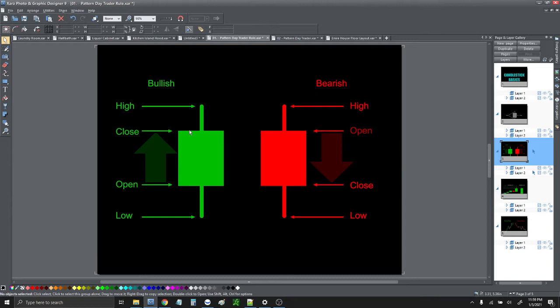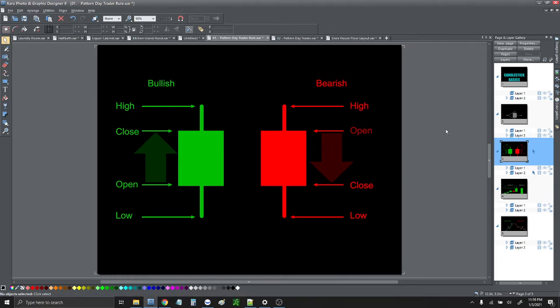Okay, so the expectation is going to be that the next candle, that opening is going to be where that close was. Sometimes it doesn't happen, and it's what they call a gap up or gap down, where the price just jumps. Usually that occurs when there's a huge momentum in that particular direction. Okay, the highs and the lows indicate where the price traveled to during that time frame.